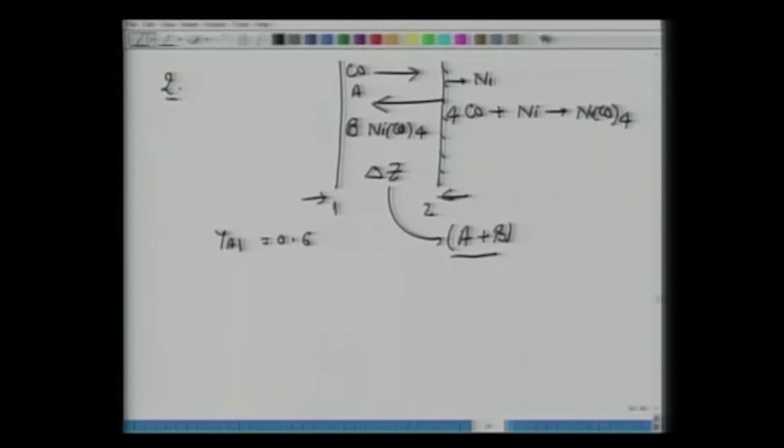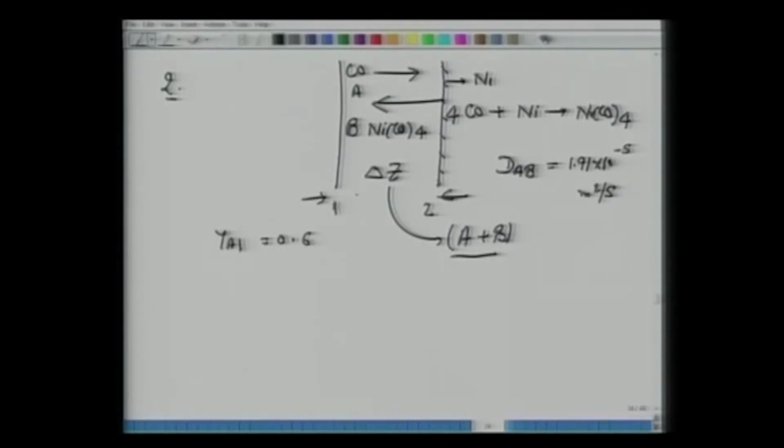Now we go back and apply the physical properties. The system is given: D_AB of carbon monoxide in nickel carbonyl, or nickel carbonyl in carbon monoxide, is 1.91 times 10 to the power minus 5 meters squared per second.